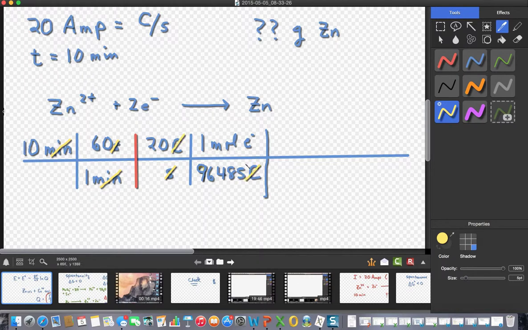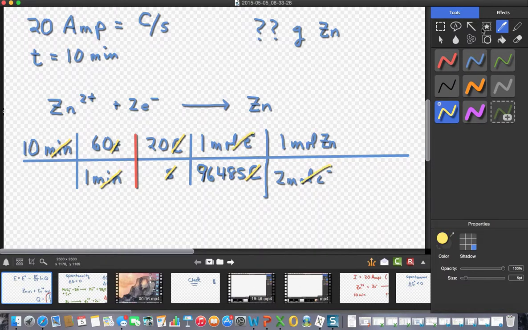And the important thing about Faraday's constant is it takes us from the experimental data, the time it runs for, the current that is present, into our balanced half reaction. Because now I know that 2 moles of electrons will produce 1 mole of zinc metal. Now moles of electrons cancel.